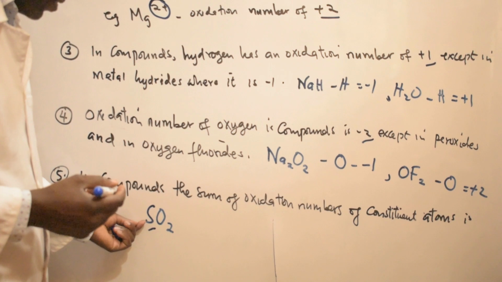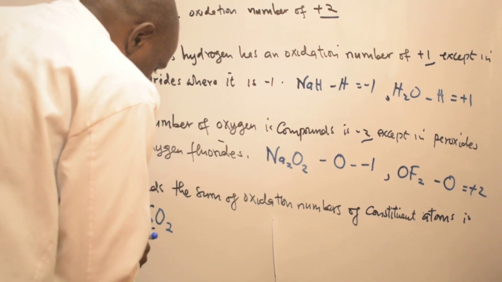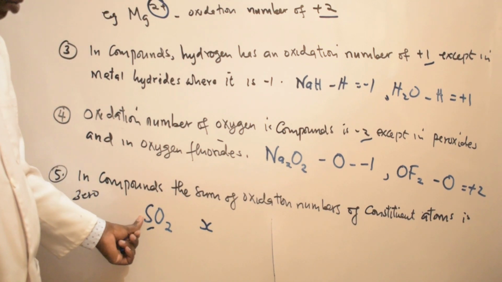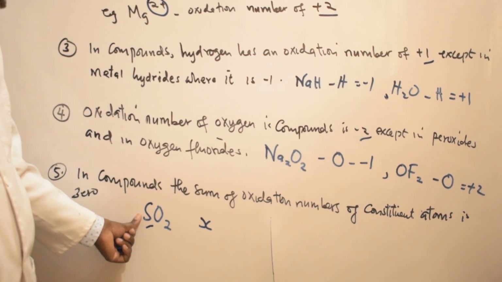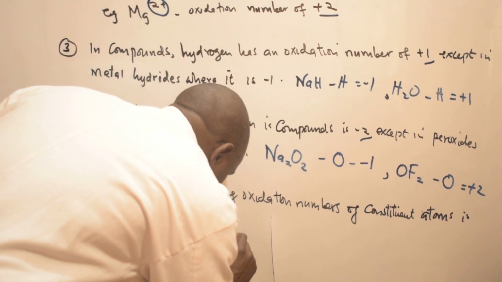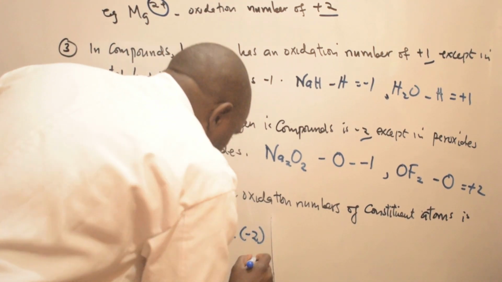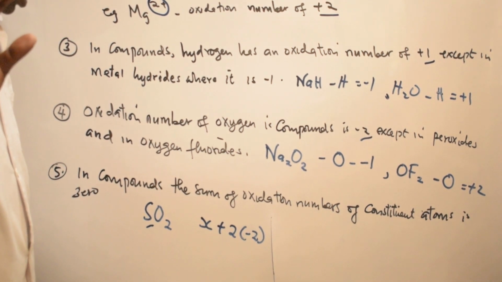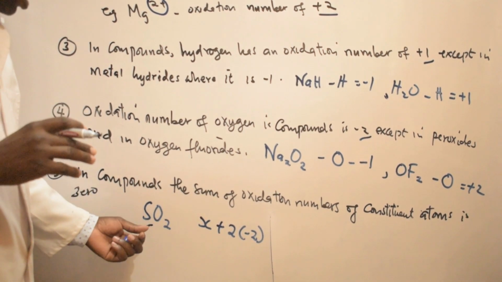Assuming that sulfur has an oxidation number of X, and oxygen, as we've just mentioned, always has an oxidation number of -2.